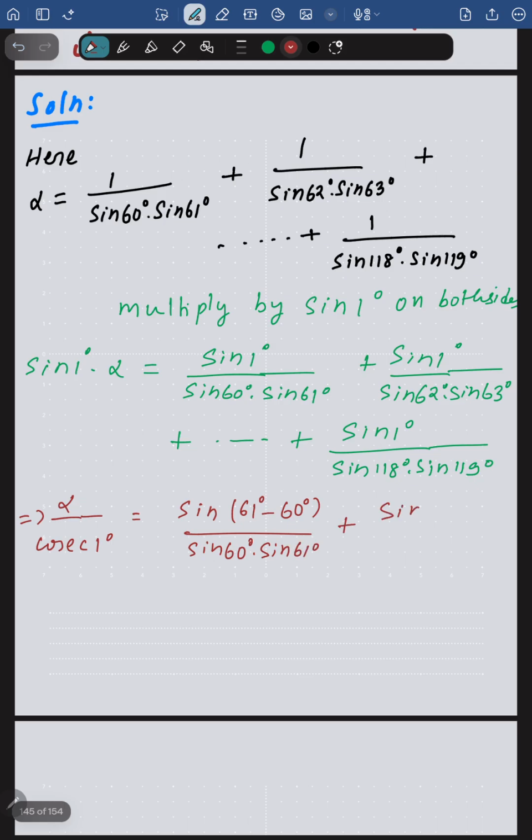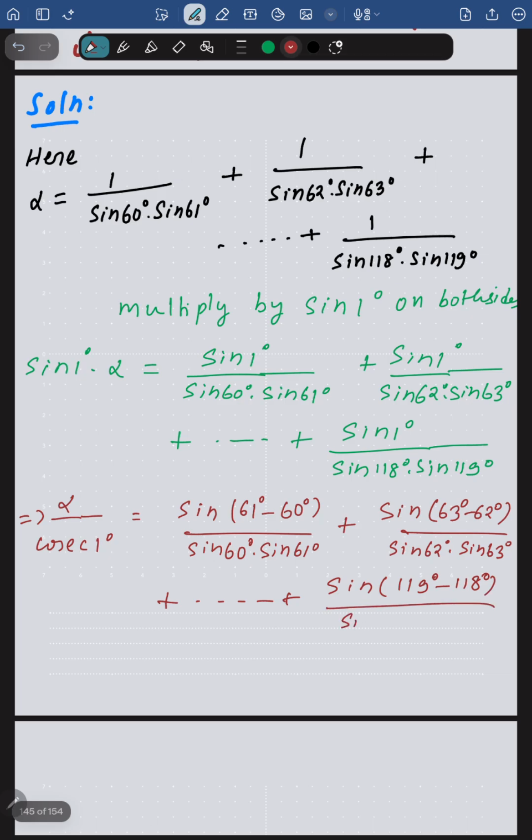Second term, sine 1 degree will be here written as 63 degree minus 62 degree, again 1 degree, and here also denominator for the second term is same as already given, that is sine 62 degree into sine 63. Again similarly for the last term also, here sine 1 degree will be written as 119 degree minus 118 degree. Again denominator will be same as before given in the question, sine 119.